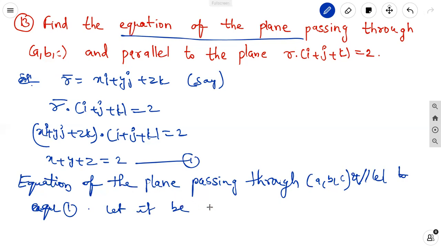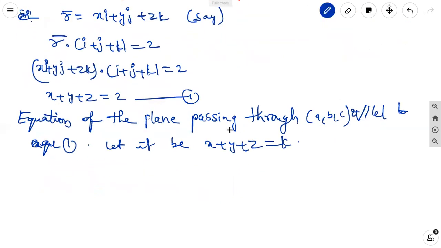Parallel means the coefficients of x, y, z are the same, just the constants are different. So here, this is the required equation.